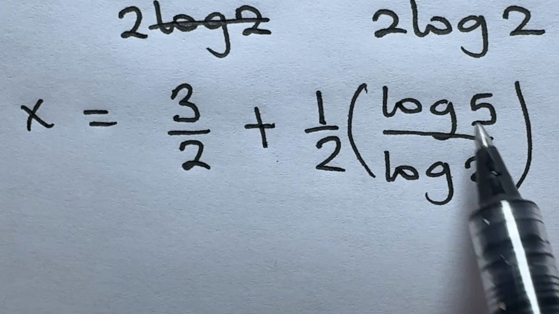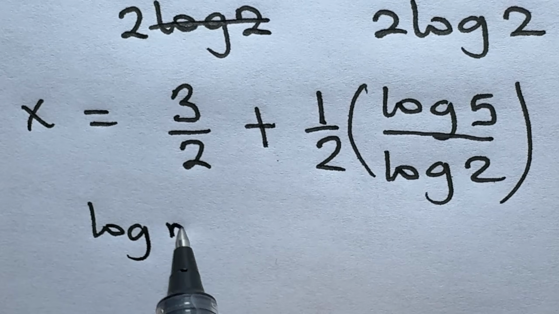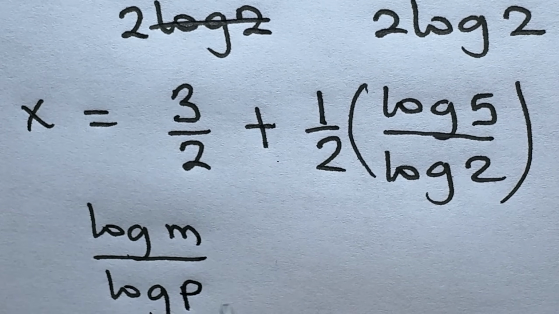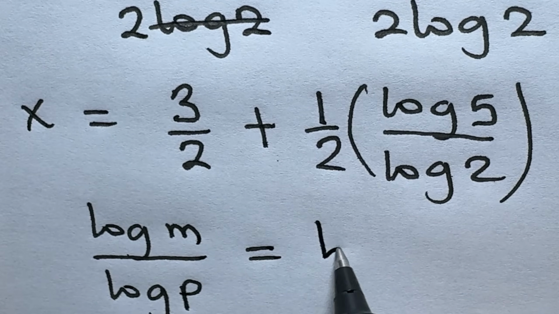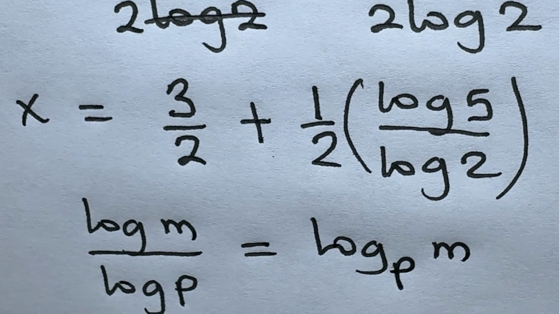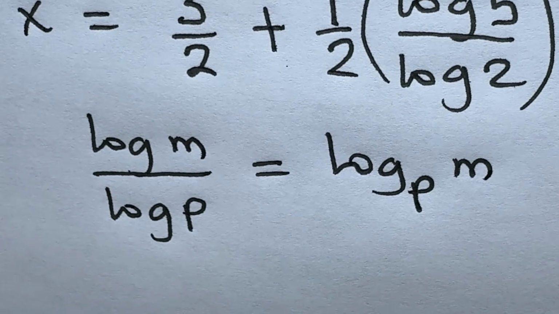Then the expression inside this bracket is of the form log m divided by log p. By logarithm, this will give us log m base p. So this becomes log 5 base 2.